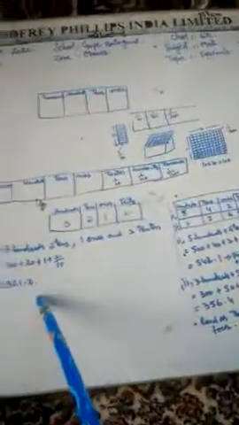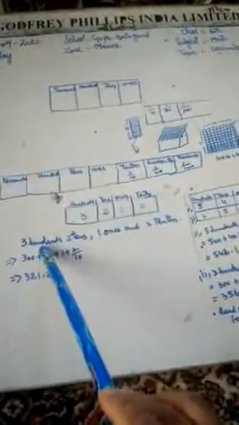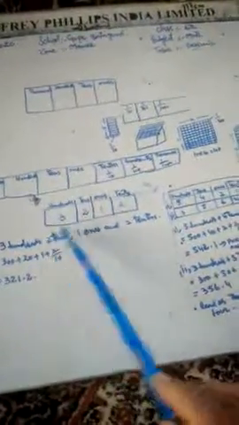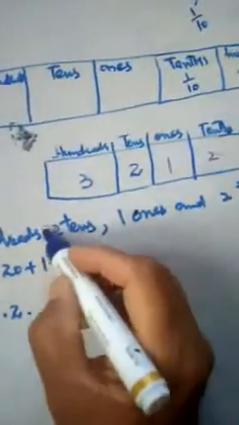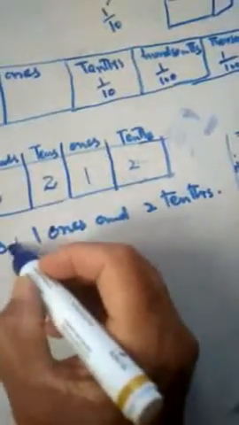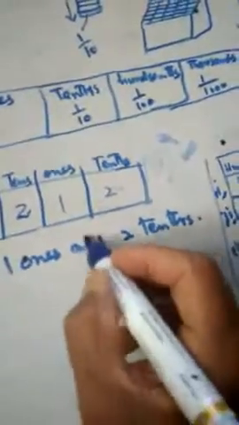How can we write this? We write it as 300s here, 2 tens. Sorry, I have forgotten here. 300 plus 2 tens plus 1 one and plus here 2 tenths.